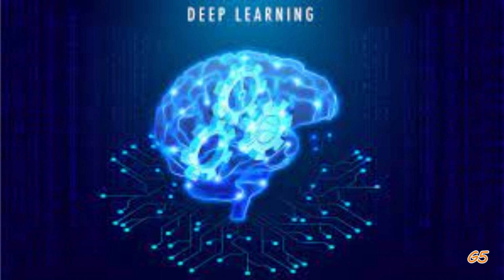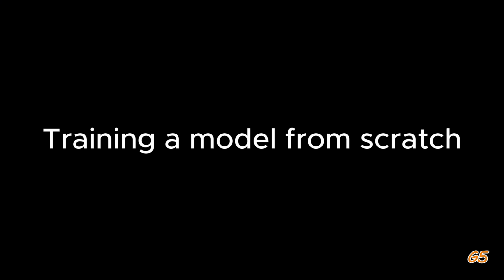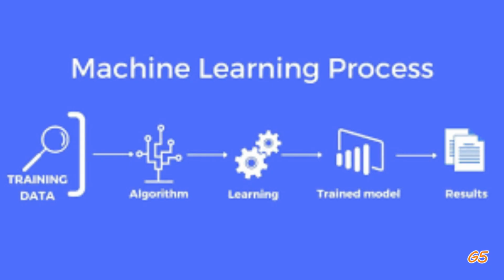There are two approaches to performing object recognition using deep learning. One: training a model from scratch. Training a deep network from scratch involves collecting a sizable labeled dataset and designing a network architecture to learn the features and construct the model, though it requires substantial training data and manual setup of CNN layers and weights.